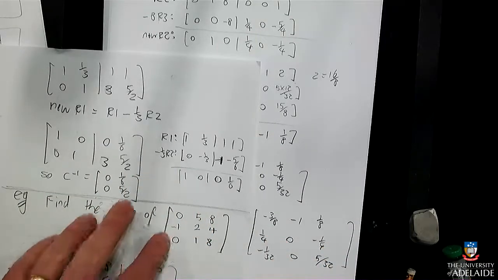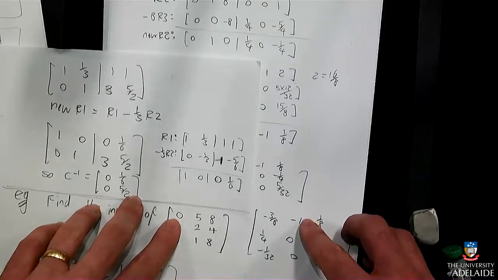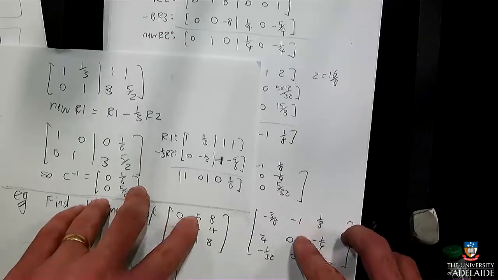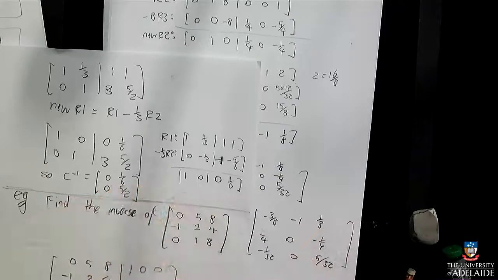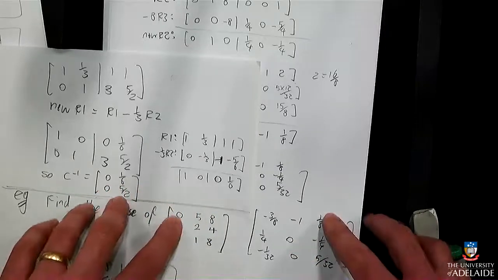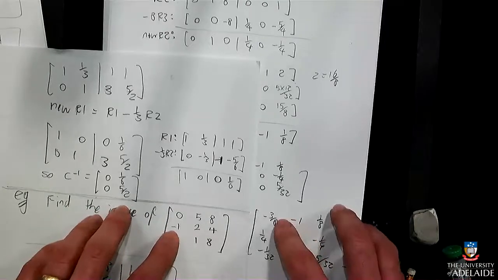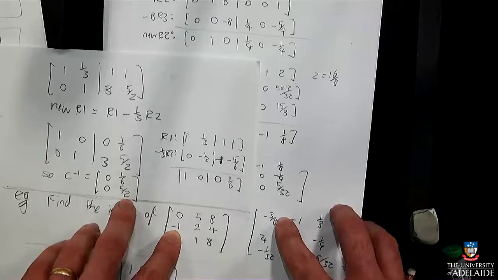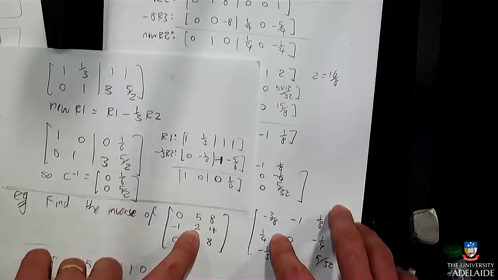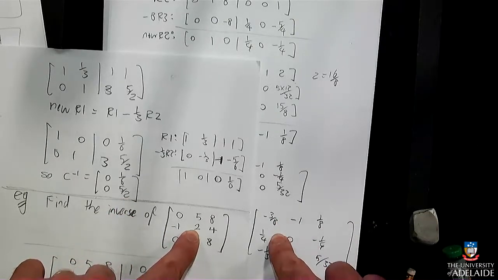Okay, so that's working well. 0, 0, 0, beautiful. 0, 0, 0, beautiful. So my first row is correct. Minus, so plus 3/8 plus 2 quarters. 2 quarters is a half. So that's 7/8.